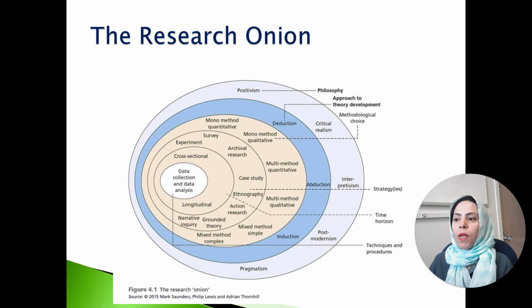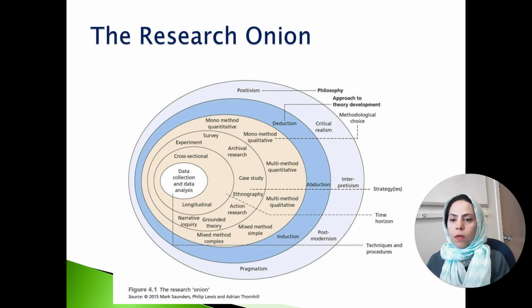Or it could be a mono method that is qualitative: you take one method, but it will be qualitative. Or your design could be that the research you're trying to undertake is going to be multi-method quantitative: not one method but multiple methods, so you will use more than one method to undertake your research. Or another design could be multi-method qualitative, with multiple qualitative methods.